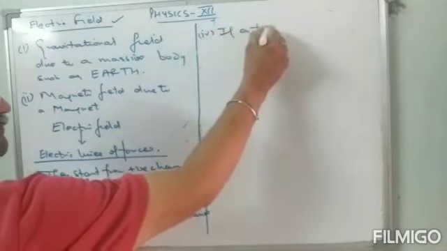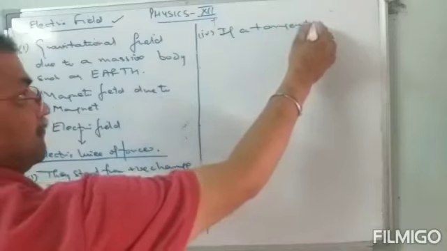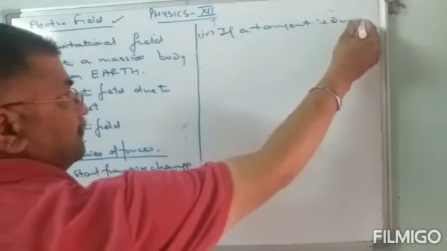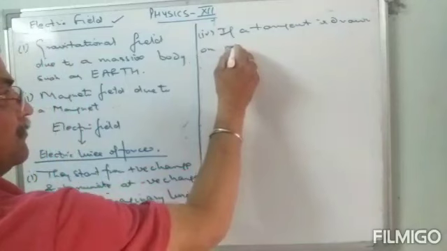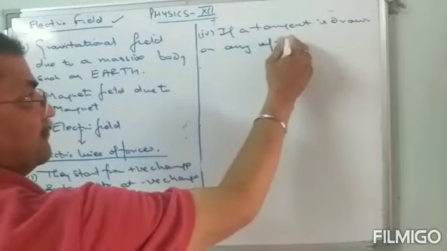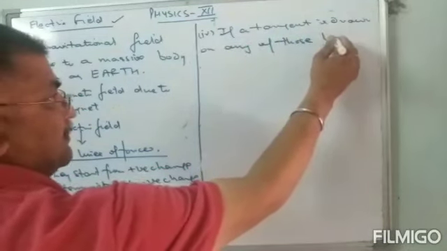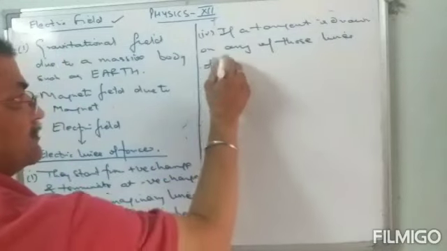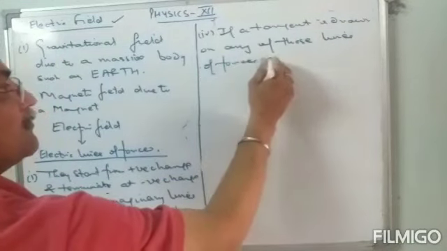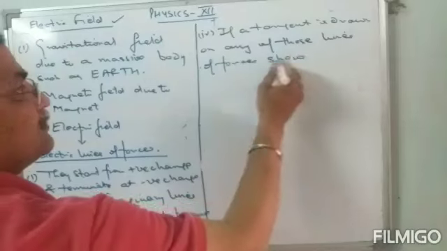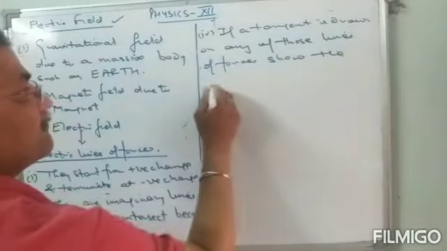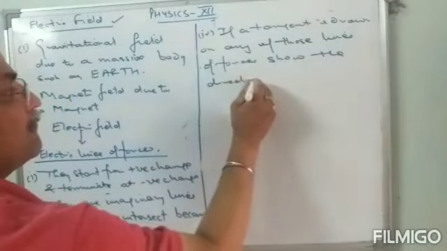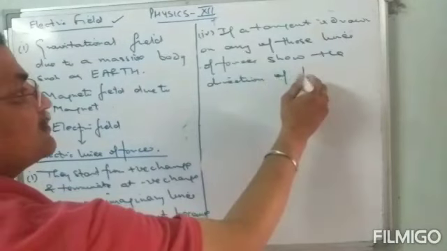If a tangent is drawn on any of these lines of force, then it shows the direction of force.